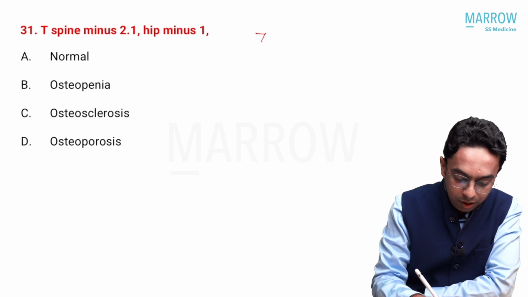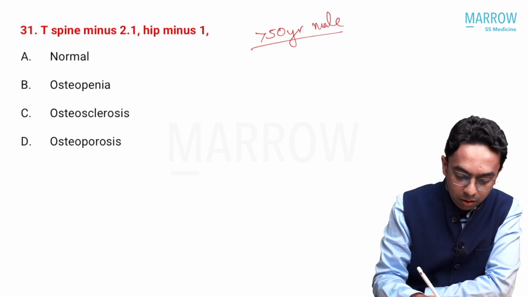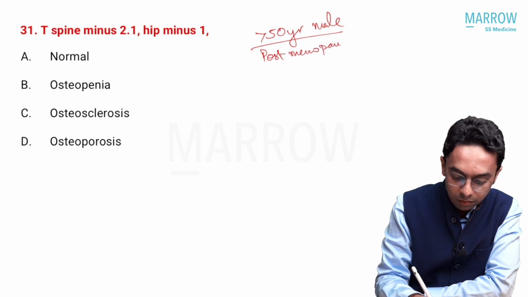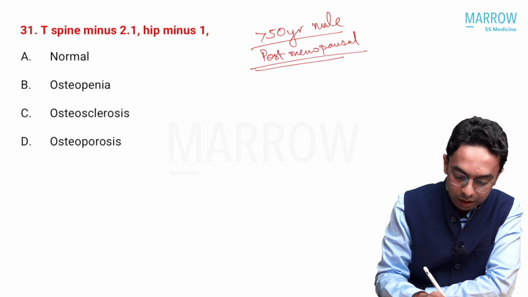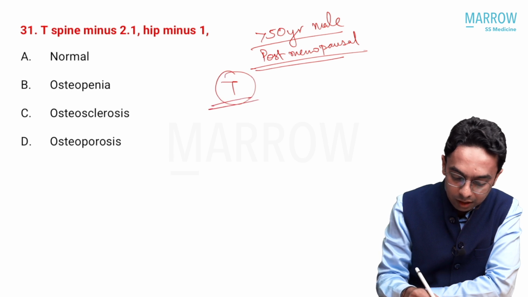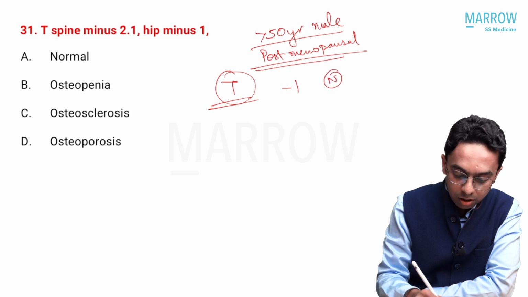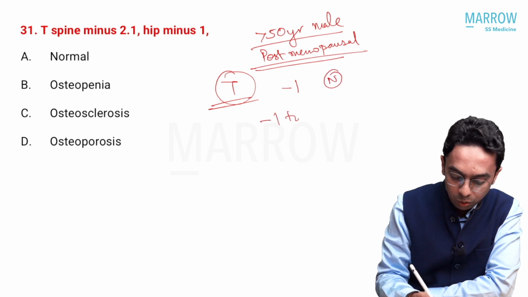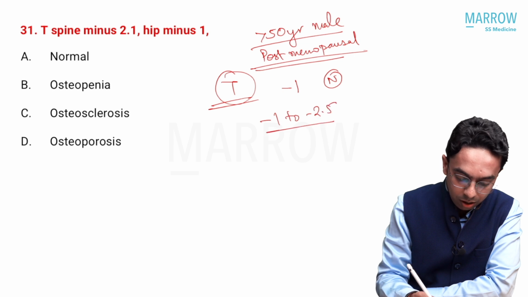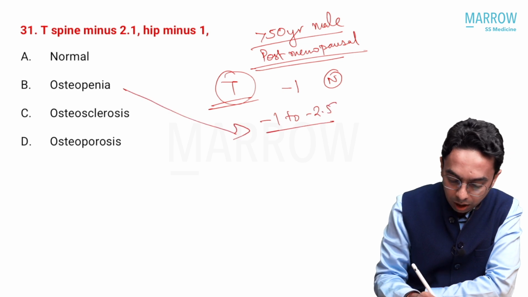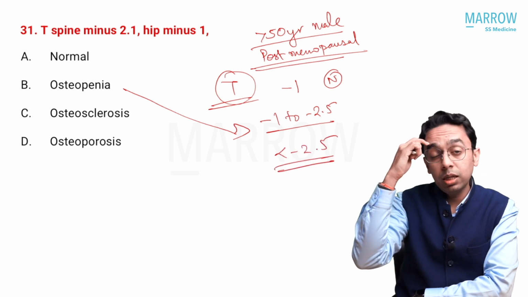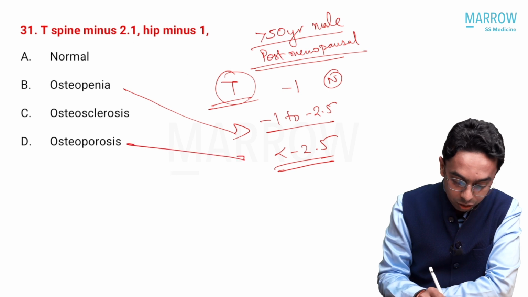If it is a male more than 50 years or a postmenopausal woman, there you use T score, and if the T score is better than -1, it is normal. -1 to -2.5 is osteopenia, and lesser than -2.5, say -3.5, -4, all those are osteoporosis.